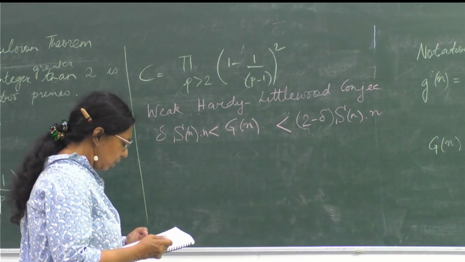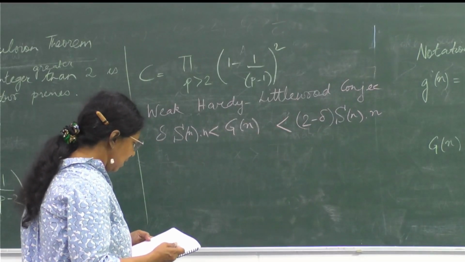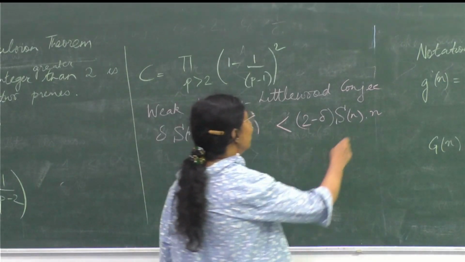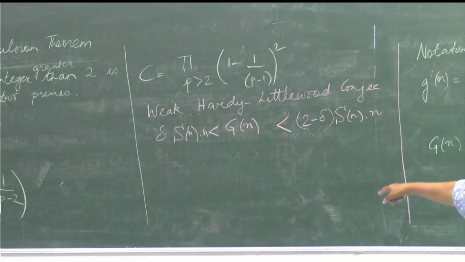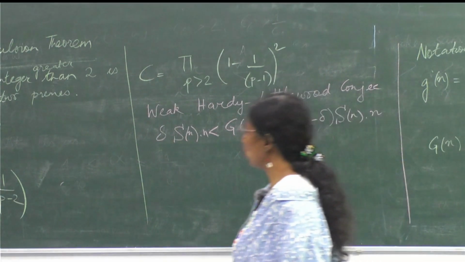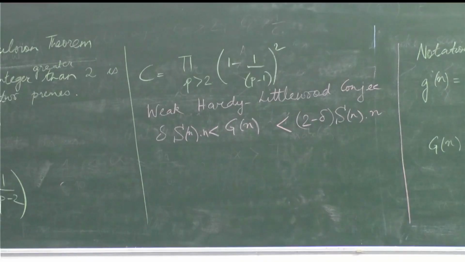So it was proved recently that if the weak Hardy-Littlewood conjecture is true, then there are no Siegel zeros. This seems somewhat intriguing, like they seem to be unrelated questions, but they are related. So that's the weak Hardy-Littlewood.